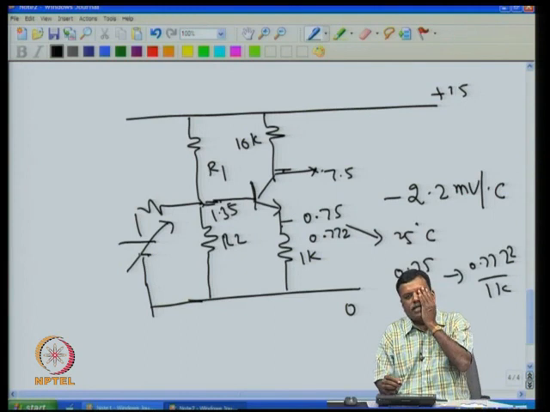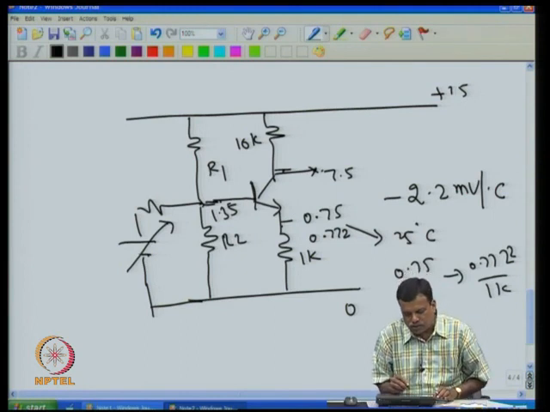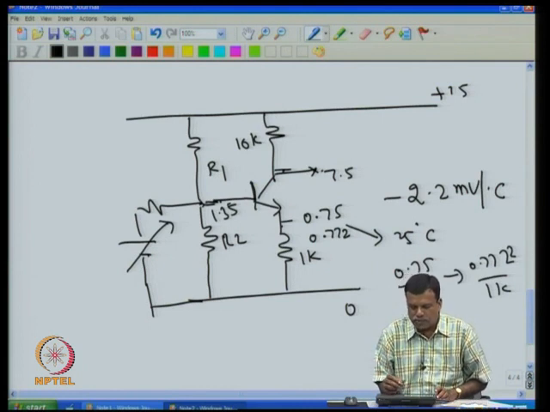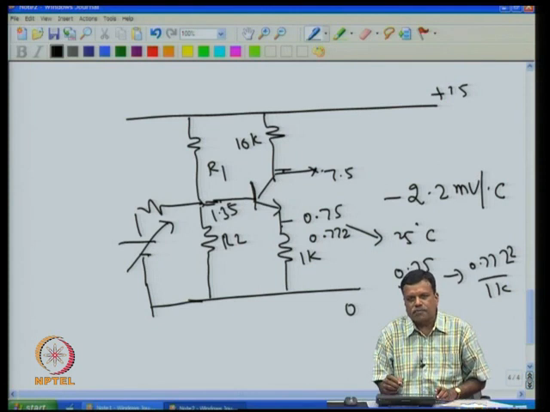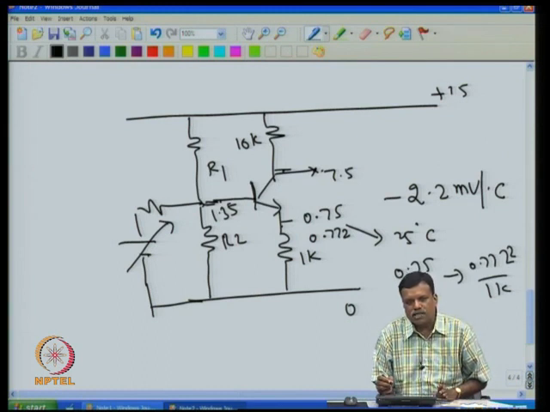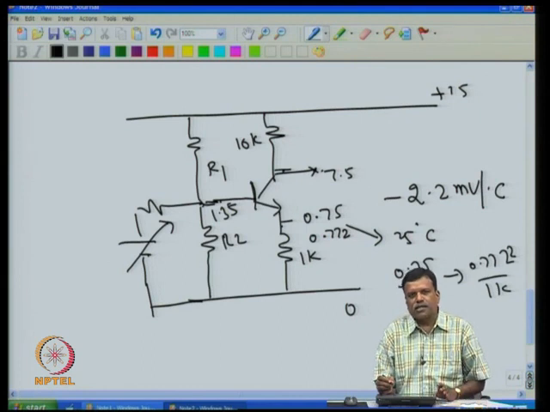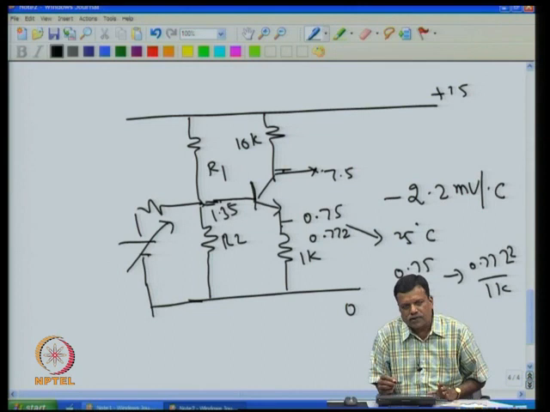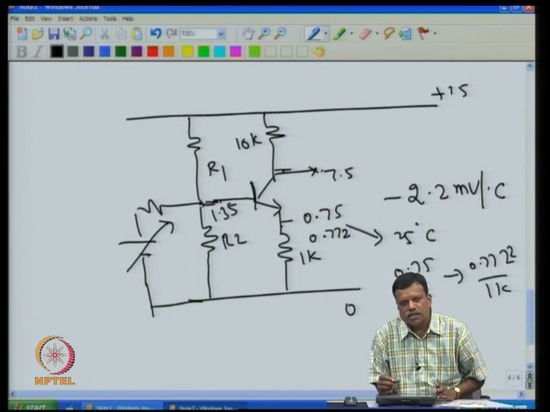There were many attempts at various compensation techniques to remove this, but nevertheless the problem remained if you want to amplify DC voltage. People were struggling, and mostly the applications were restricted to AC. The transistor was thought not to be a very convenient device to amplify DC.